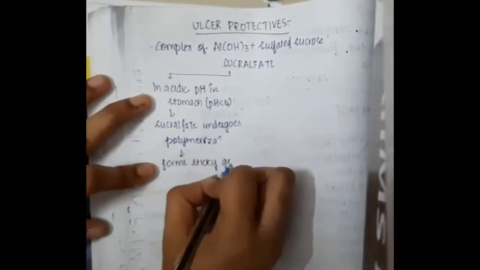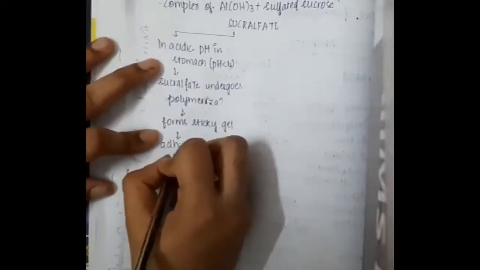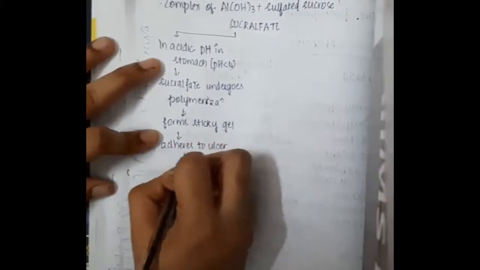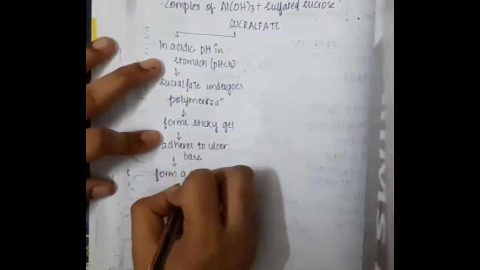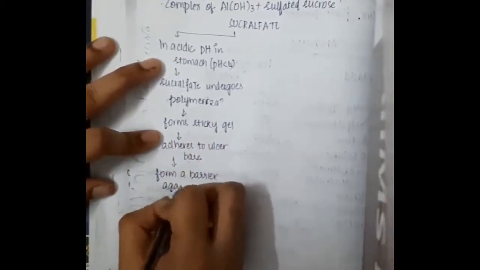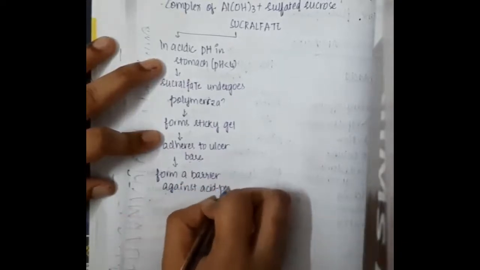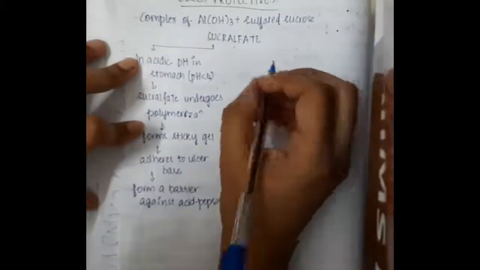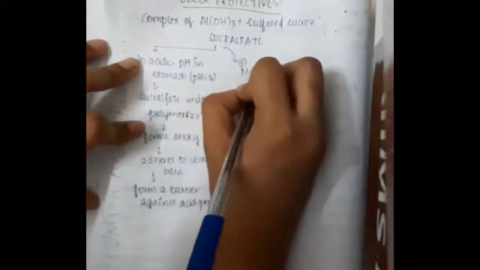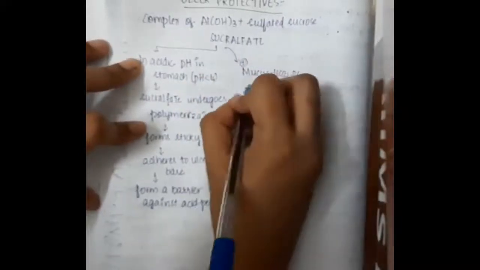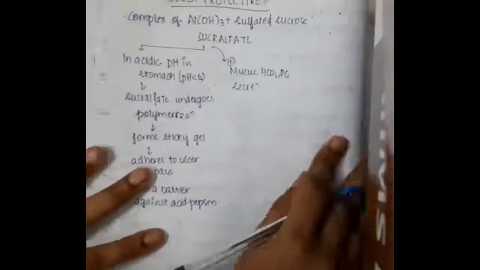This sticky gel can adhere to the ulcer base, and it will lead to formation of a barrier against the acid pepsin. Now, this sucralfate also activates the mucus, bicarbonate and prostaglandin secretion.